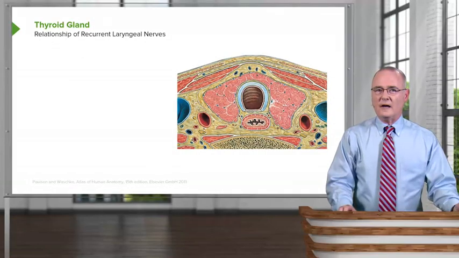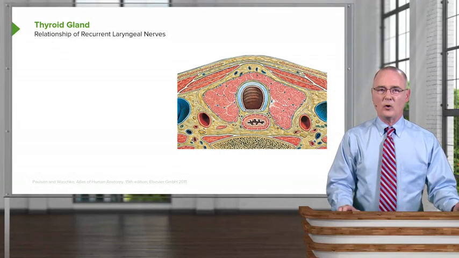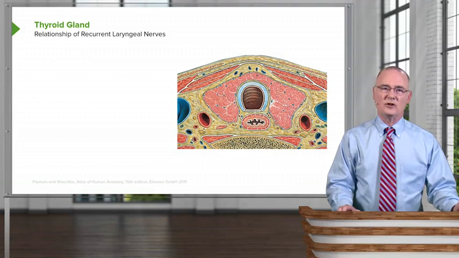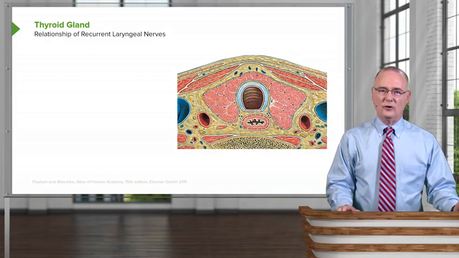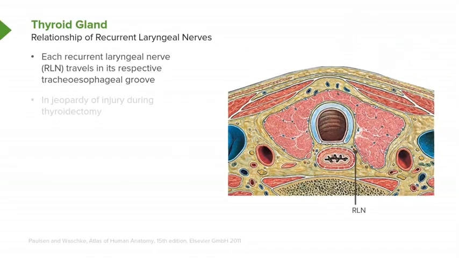This particular slide shows a very important anatomic relationship, and this is the relationship of the thyroid gland to the recurrent laryngeal nerves. Each laryngeal nerve, here is the right recurrent laryngeal nerve.